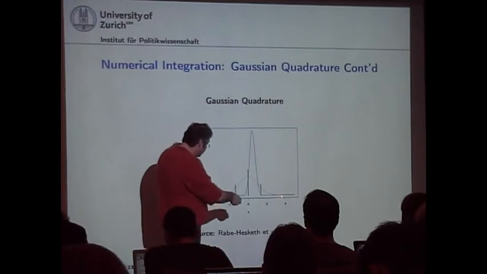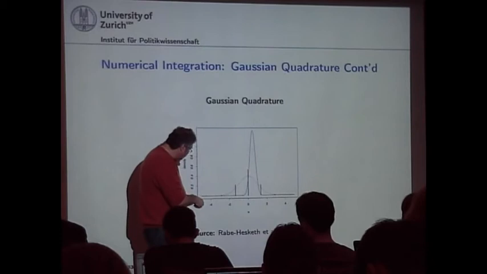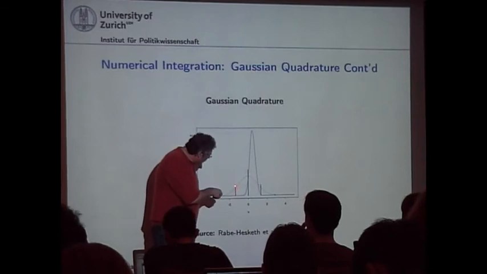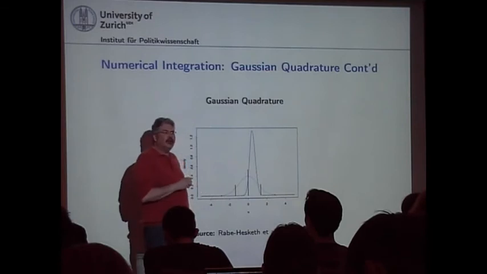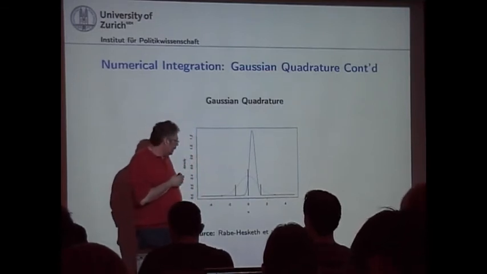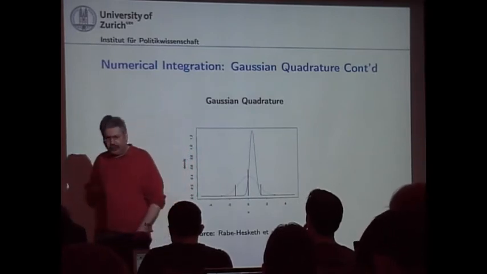Here's a normal distribution. We get an area of this normal distribution by picking 5 points, evaluating the weight, the height of these functions at each point, then weighting them by a known weight factor. That is what is known as Gaussian quadrature.